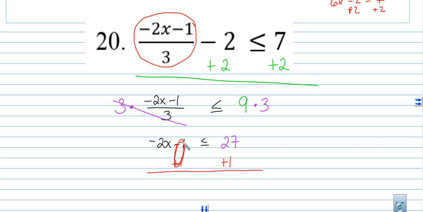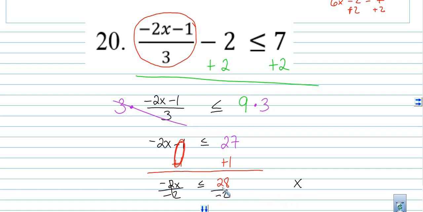Negative 1 plus 1 is 0. Negative 2x plus 0 is negative 2x. We didn't multiply or divide by a negative to both sides, so we keep the sign. And then we get 28. Now we're going to divide by a negative 2. Negative 2 divided by negative 2 is positive 1, so we get an x.